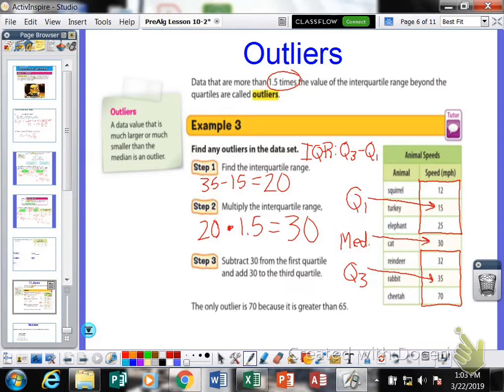So Q1 we know is 15. I'm going to subtract that 30 that we just found from 15. That's going to give me negative, or no, I'm sorry. Other way around. We have to do 30 minus 15.